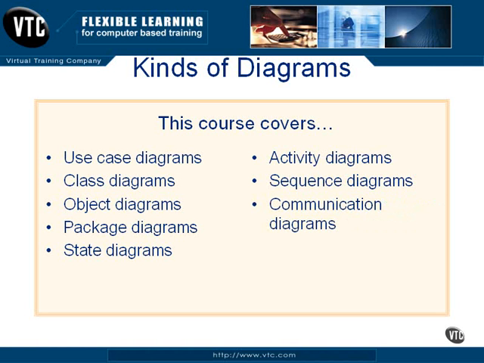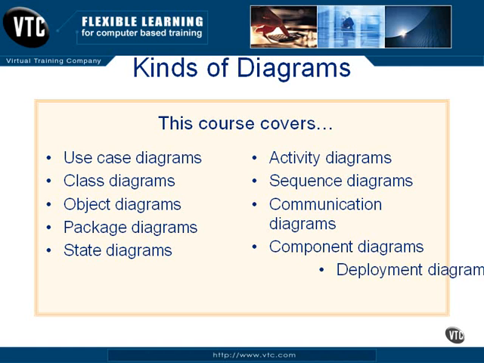These diagrams have an emphasis on links among the objects. We'll cover component diagrams. This kind of diagram gives a view of the system in terms of its components, the modules that represent a system's building blocks. And finally, we'll look at deployment diagrams. Deployment diagrams map software artifacts to hardware to show the system's physical layout.